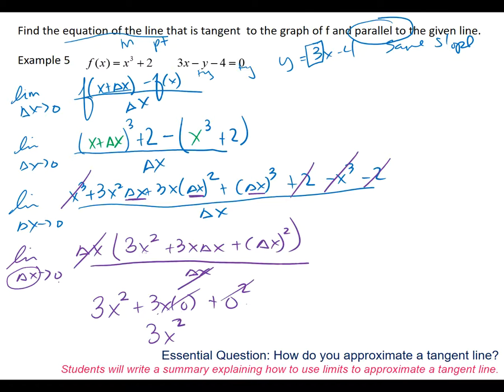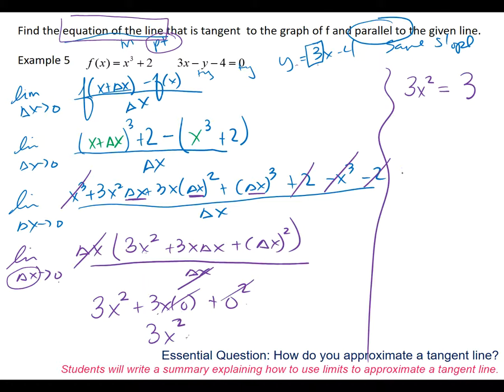Now, let's make sure we answered the question. Did we find the equation of the tangent line? We found something that represents the slope, and we know the slope. What are we still missing? The point, right? So I'm going to take the slope that we calculated with the limit, and I'm going to set it equal to the slope that we calculated for the line, and I'm going to get my x values.